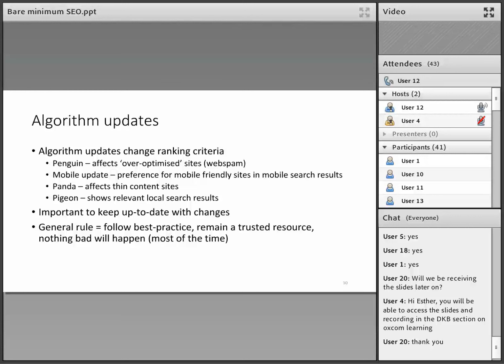There have been a lot of algorithm updates over the years, and the most important ones you want to be aware of are Penguin, and forget about the name really, just think about the effect of what it's doing, which is that it affects over-optimized websites. So people who are effectively trying to spam the internet, trying to get people paid to link into them with the text they want to rank for.